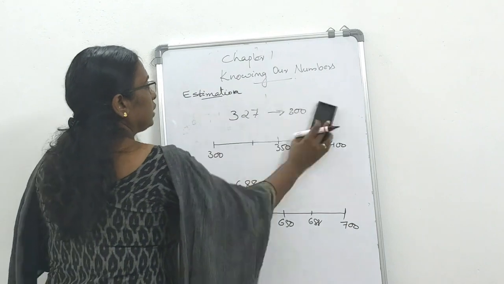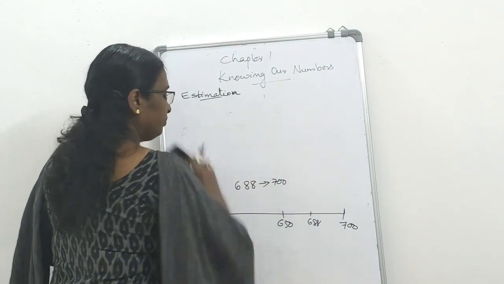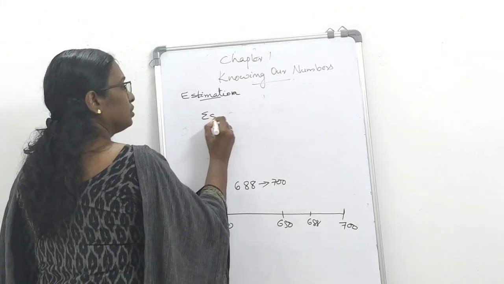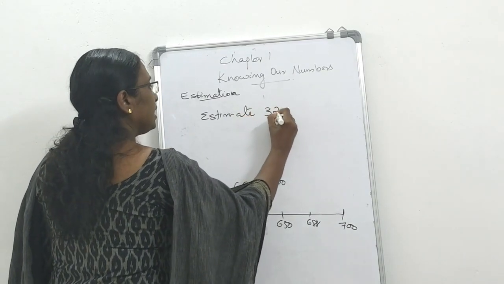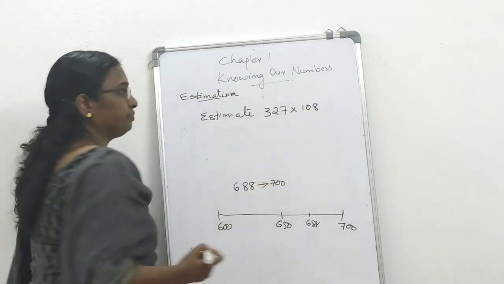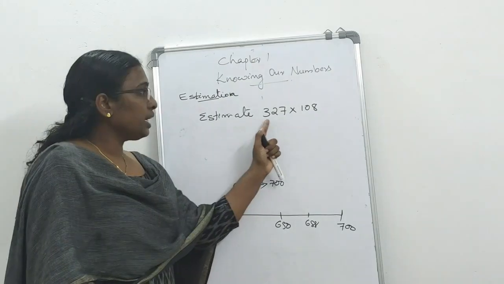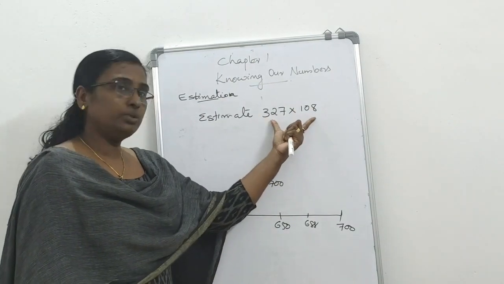Then the question in your exercise 1.3 is like this: estimate the product 327 into 108. If the question is to find the value of 327 into 108, we multiply these two numbers.